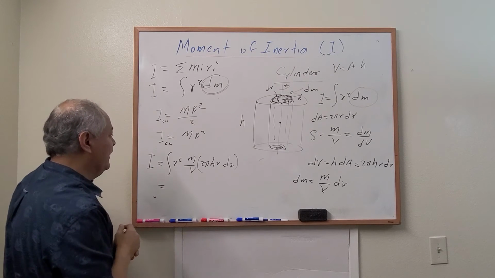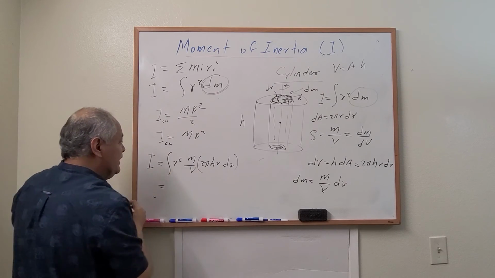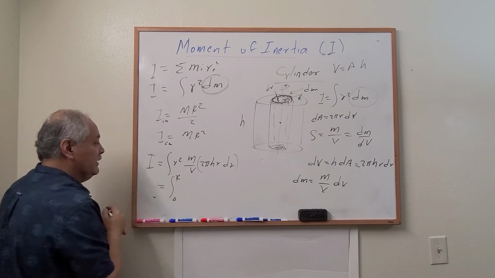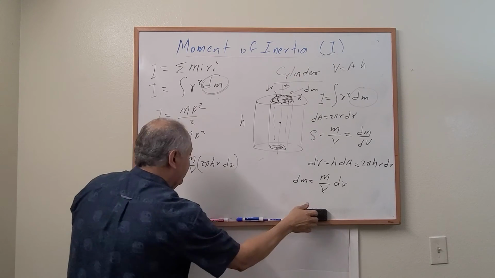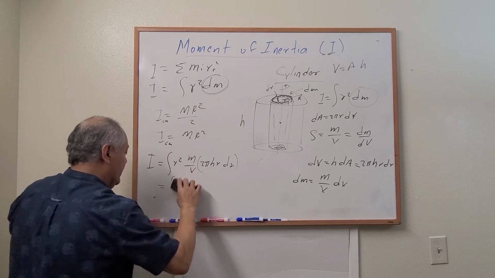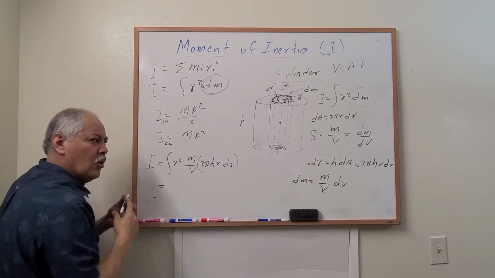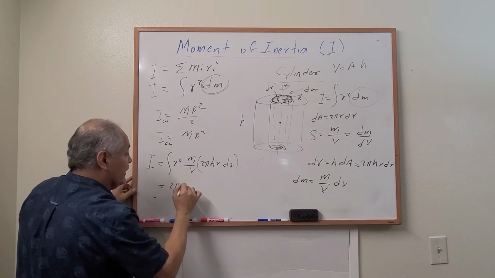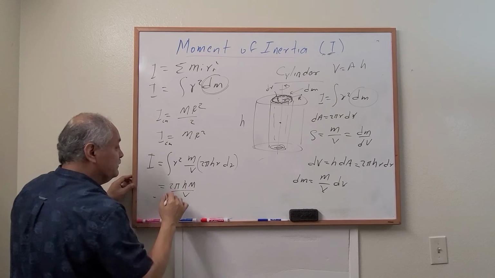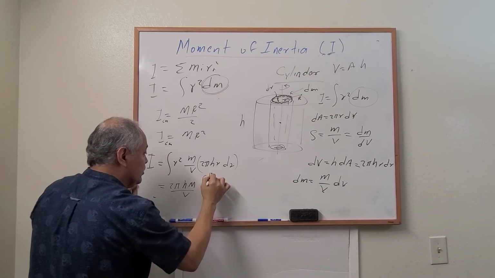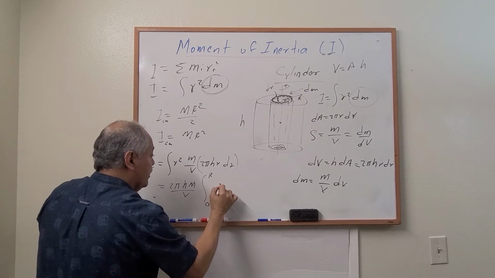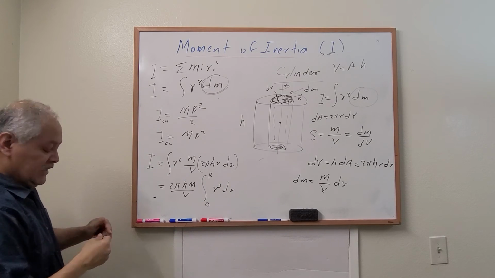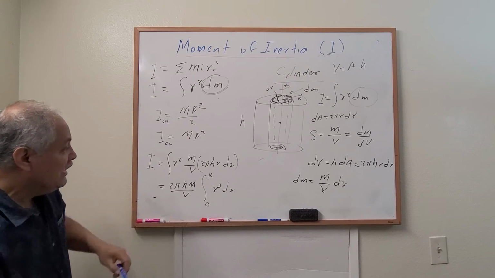Now the limit is going to be from 0 to big R. Usually the constant goes at the beginning, so it's going to be 2 pi h m over V times the integral from 0 to R of r cubed dr. Perfect.